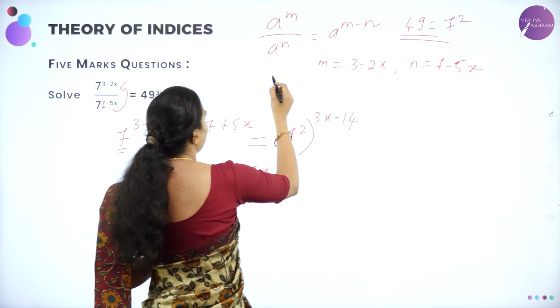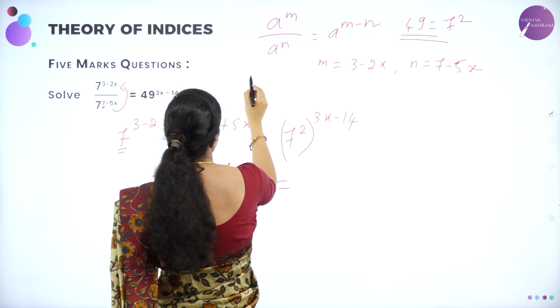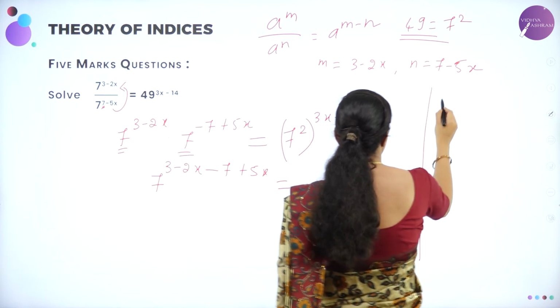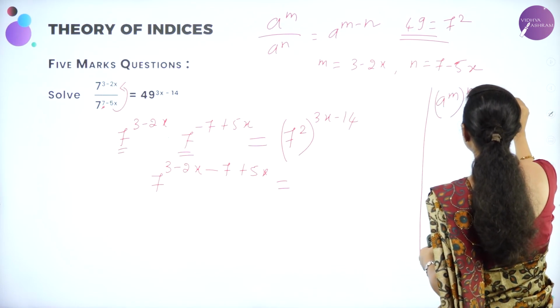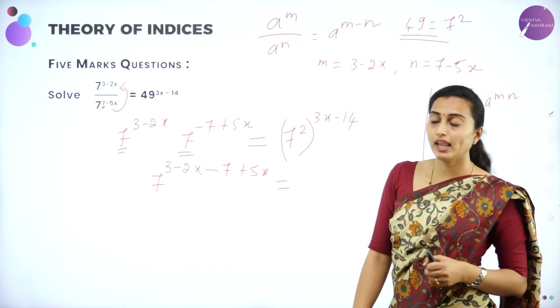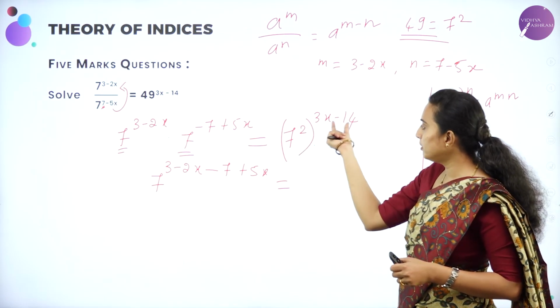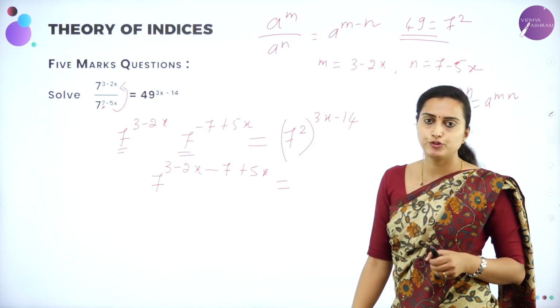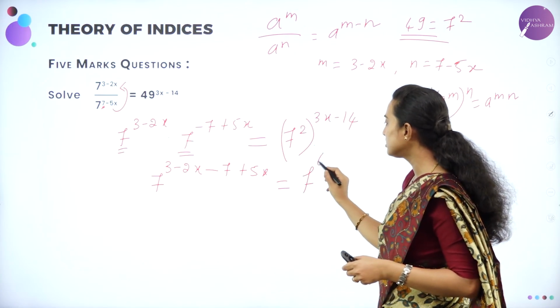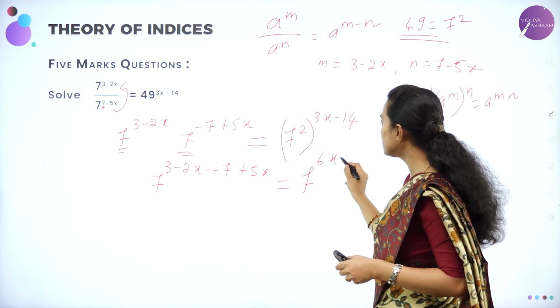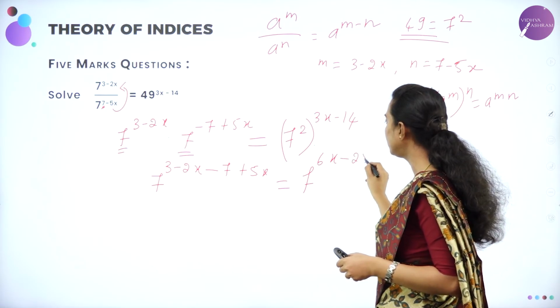A power m whole power n is a power m n. So this 2 will be multiplied to 3x minus 14. If I multiply, what do I get? 7 power 2 threes are 6x, 2 fourteens are minus 28.